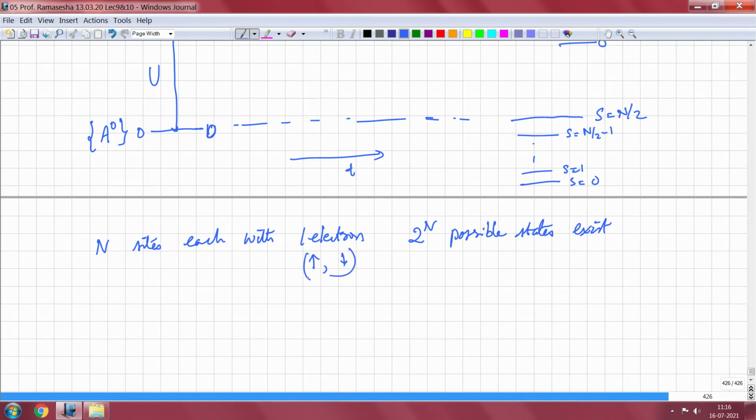So there are two possibilities at every site, and for n sites you have 2 raised to the power n possibilities. And these 2 raised to the power n possibilities are actually split into singlets, triplets, quintets, etc. The numbers are given by a formula known as the Weyl dimensional formula.